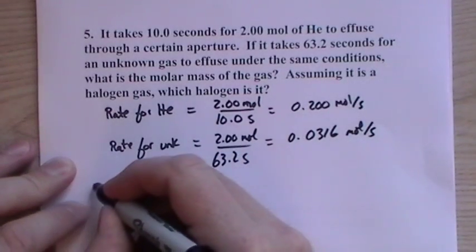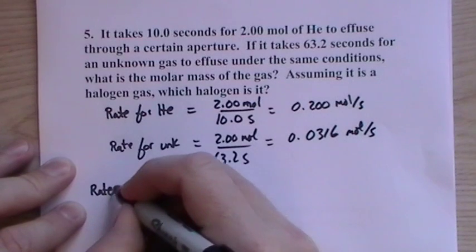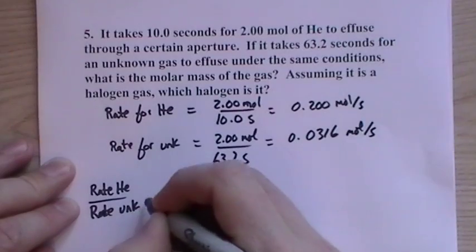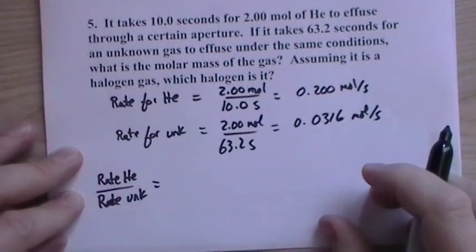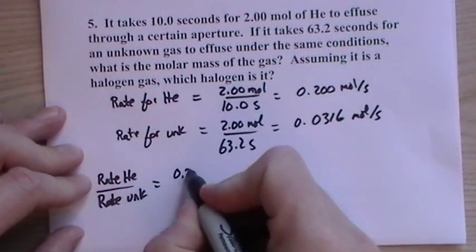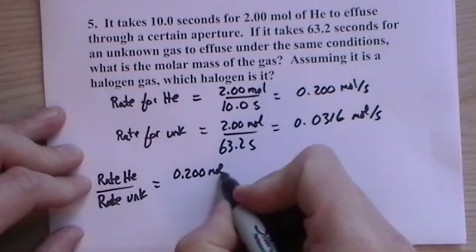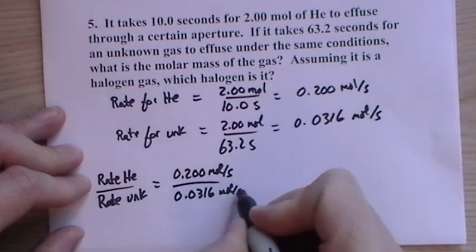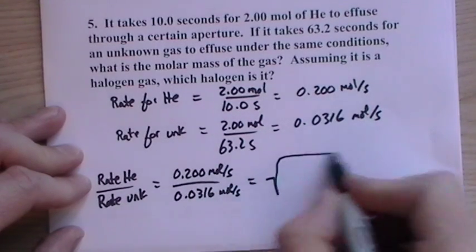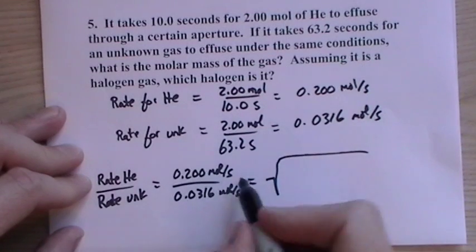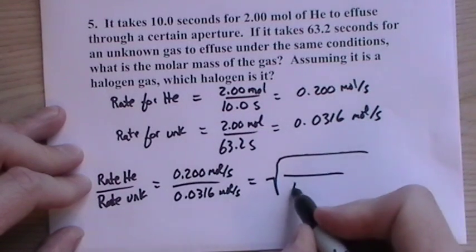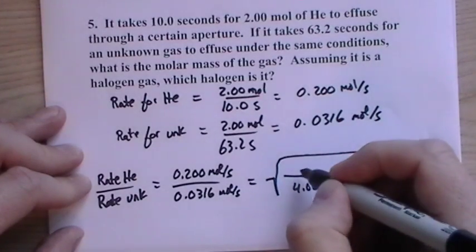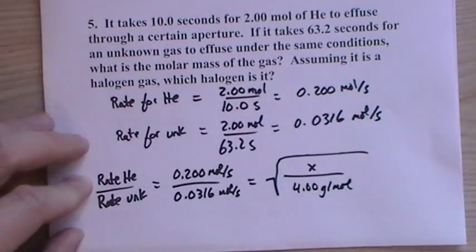The rate of helium over the rate of unknown is equal to 0.2 moles per second over 0.0316 moles per second. And that's going to be equal to the square root of the molar mass of the unknown over the molar mass of helium, so 4.00 grams per mole on the bottom. The unknown, we'll call it X.